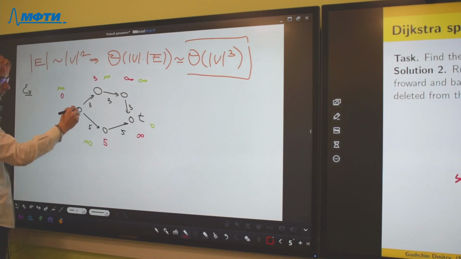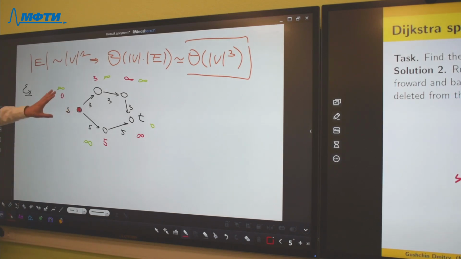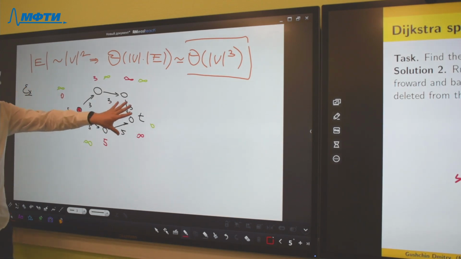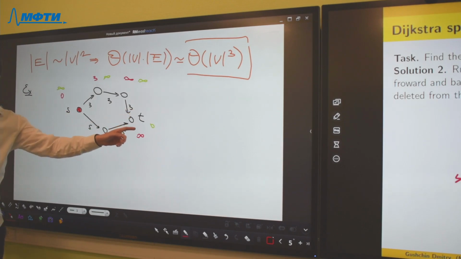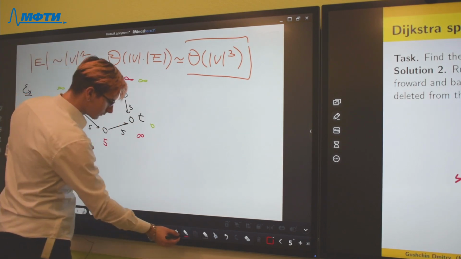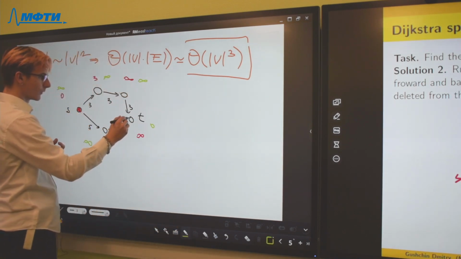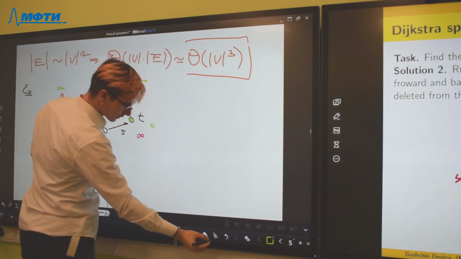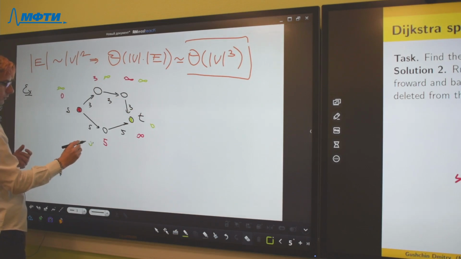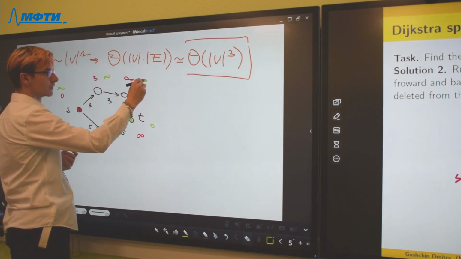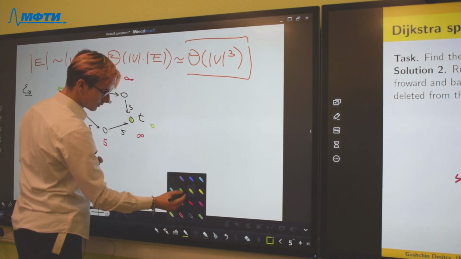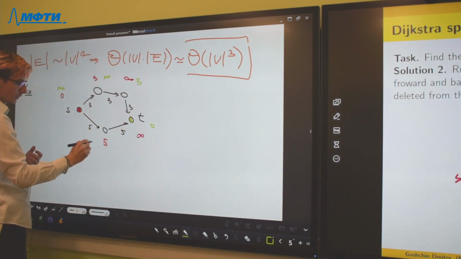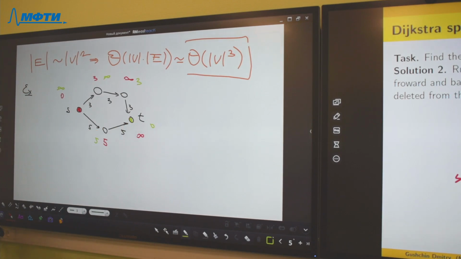And we terminate this vertex. We extract it from the queue. Then we extract this vertex from the queue of the backward algorithm. And then we relax this edge and this edge and change these distances, 3 and 5, 2.